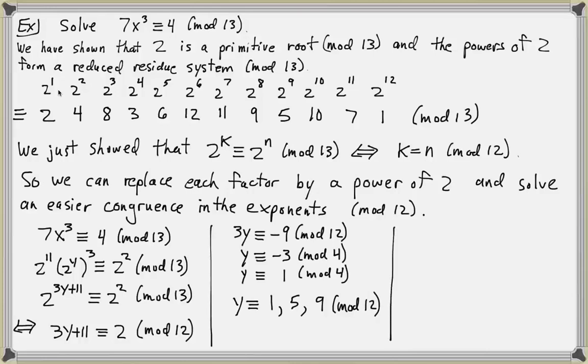So if y is congruent to 1, 5, or 9 mod 12, then x, which I rewrote as 2 to the power of y, will be congruent to 2 to the power 1, 2 to the power 5, or 2 to the power 9 mod 13. And looking up at the table, we see that x is therefore congruent to 2. 2 to the 5th would be 6, and 2 to the 9th would be 5 mod 13.